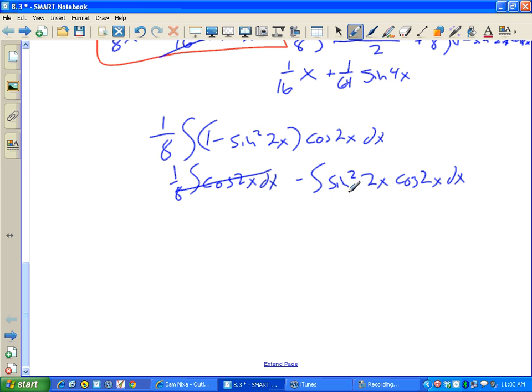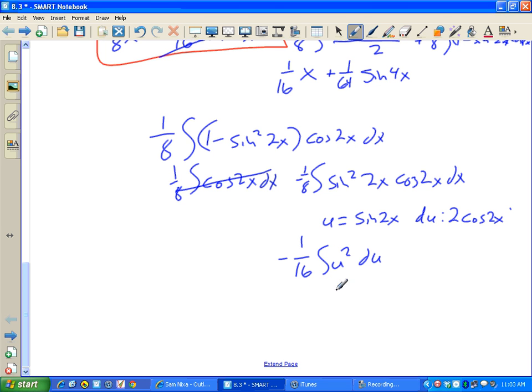This one now, I've got, if u is sine of 2x, du would be 2 cosine 2x, okay? Derivative of sine is cosine, derivative of the inside part is 2. So I need another 1/2 out here. So that makes this negative 1/16 integral of u squared du.